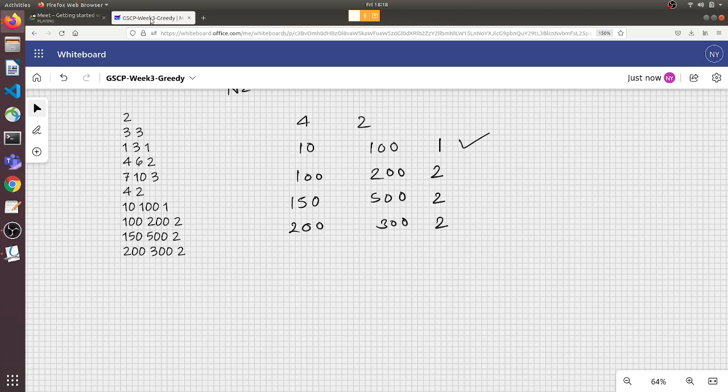One is coming at 100, leaving at 200. Another one is coming at 150, leaving at 500. And the third one is coming at 200 and leaving at 300, which is less than 500.